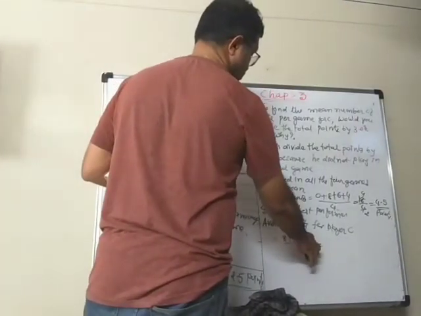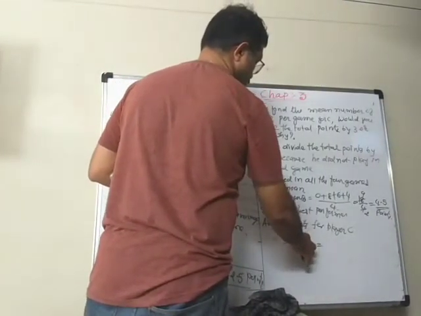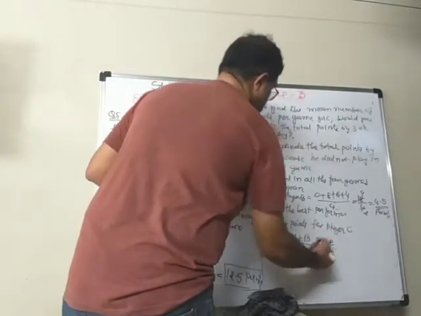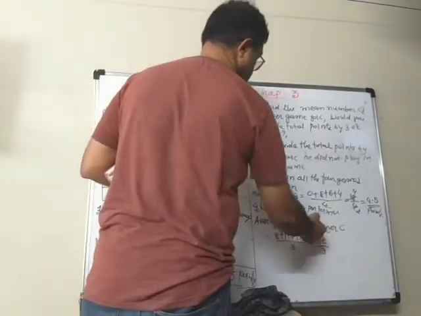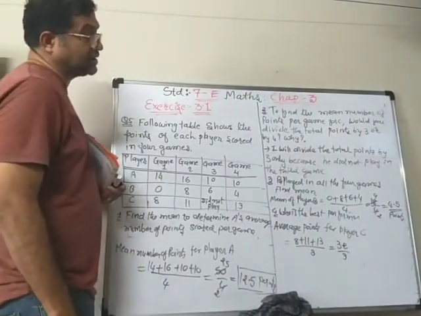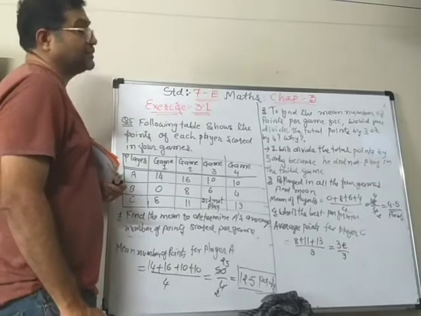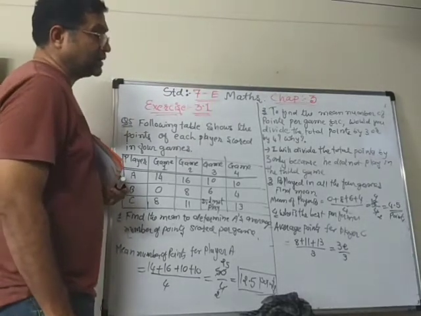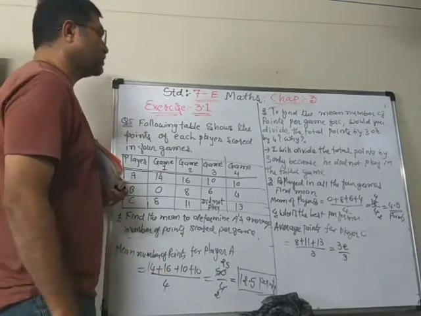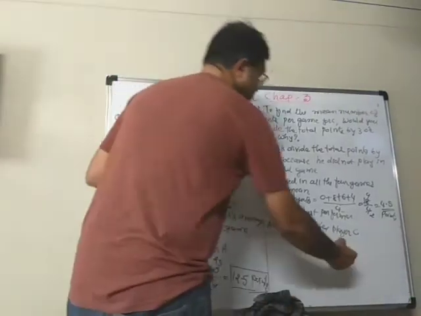8 plus 11 plus 13 is 32. Divide by 3. We can get the answer in decimal, up to 2 decimal places. 3 ones are 3.